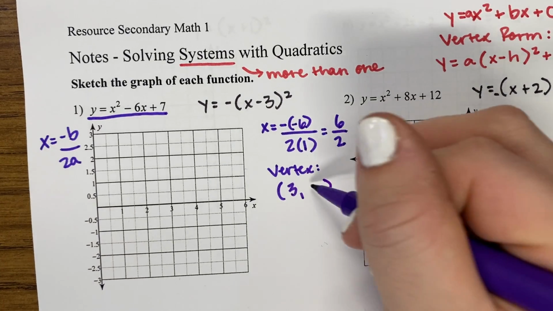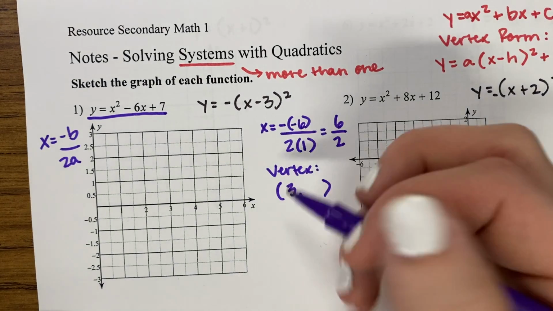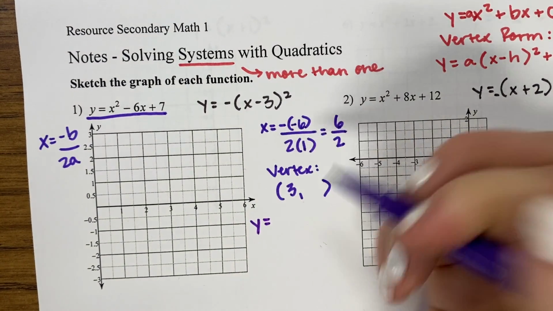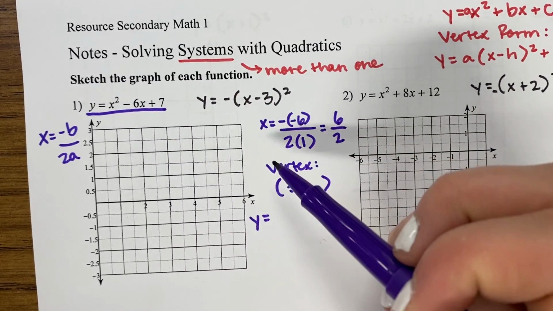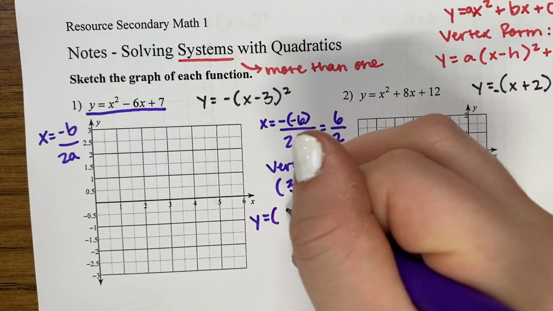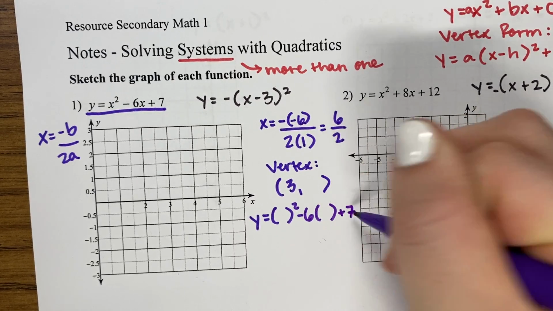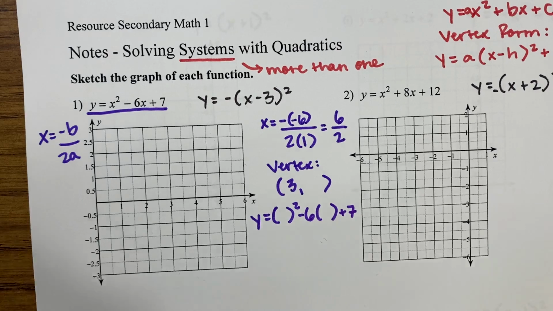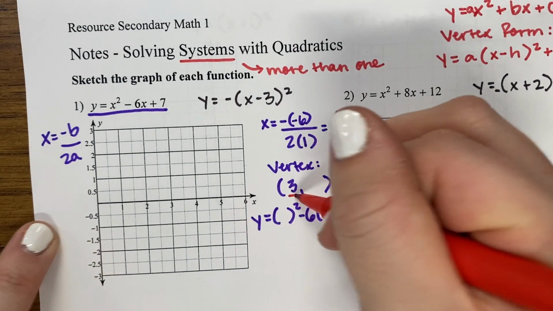Now we just need the y part. To find the y, I'm going to use my entire quadratic equation, but everywhere there's an x, I'm going to plug in what I found for x. So I have x squared minus 6 times x plus 7, and I found that x was 3.